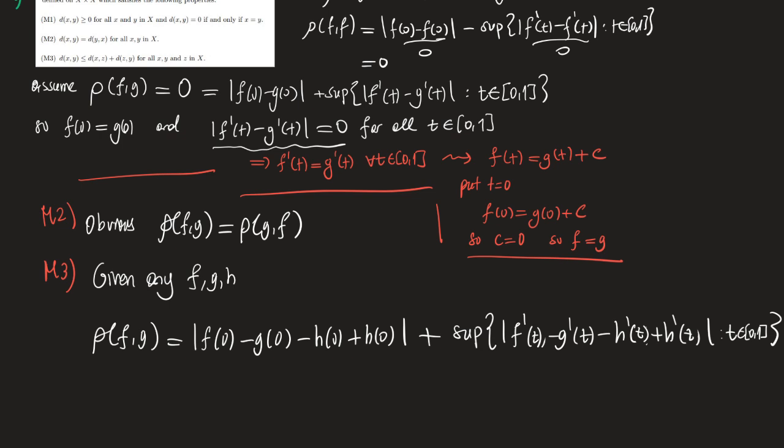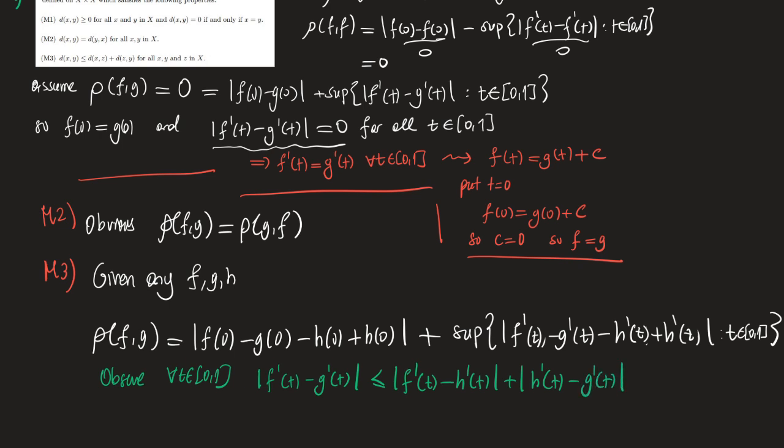Now observe the following. For any t in [0, 1], |f(t) minus g(t)| is less or equal to |f(t) minus h(t)| plus |h(t) minus g(t)|. This is by the basic triangle inequality from calculus. So this holds for h(t).